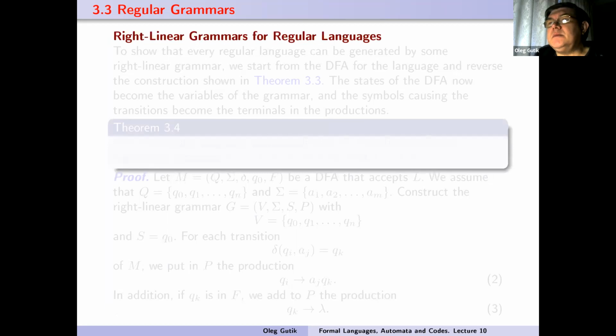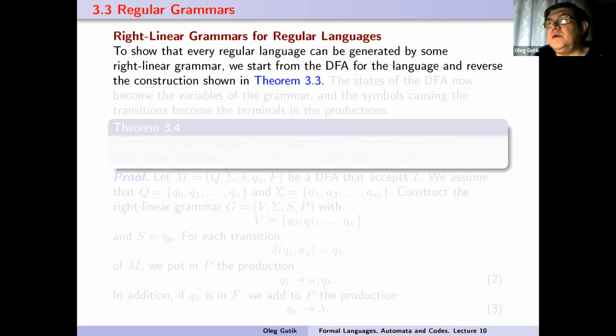Right linear grammars for regular languages. To show that every regular language can be generated by some right linear grammar, we start from the deterministic finite acceptor for the language and reverse the construction shown in theorem 3.3.